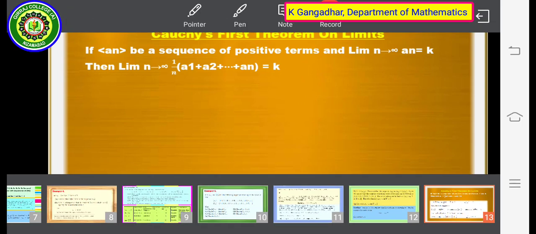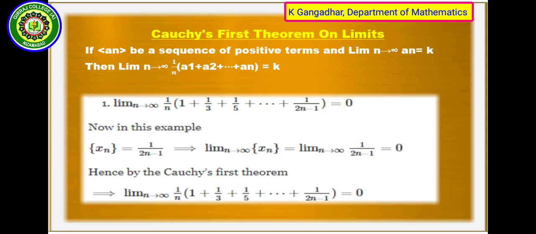So now the proof of the theorem. We will take one example here. Limit n tends to infinity 1 by n into 1 plus 1 by 3 plus 1 by 5 so on plus 1 by 2n minus 1. Here it is of the form a1 plus a2 plus so on plus an by n.